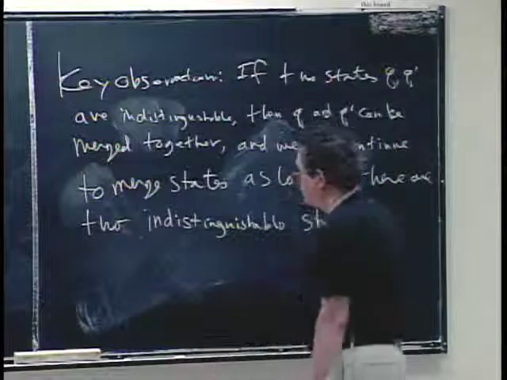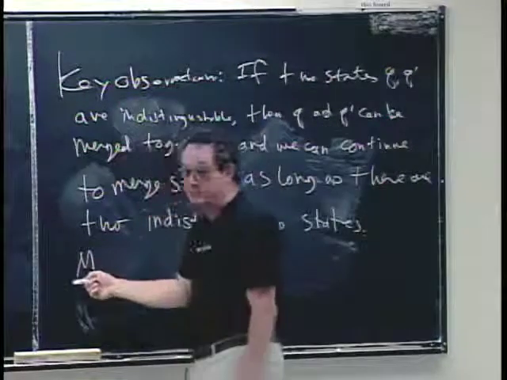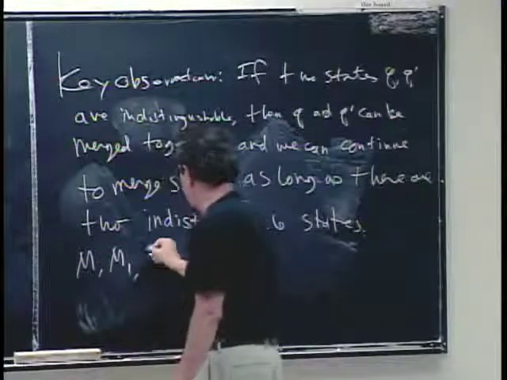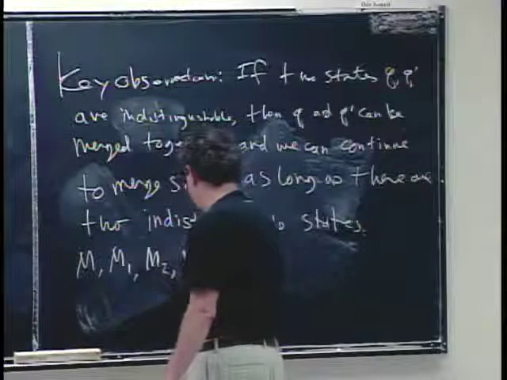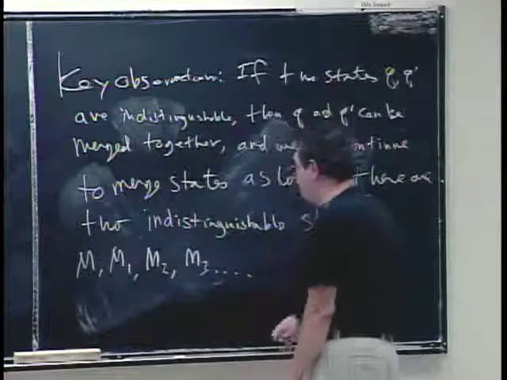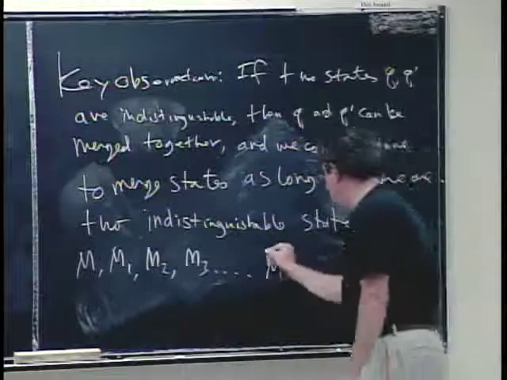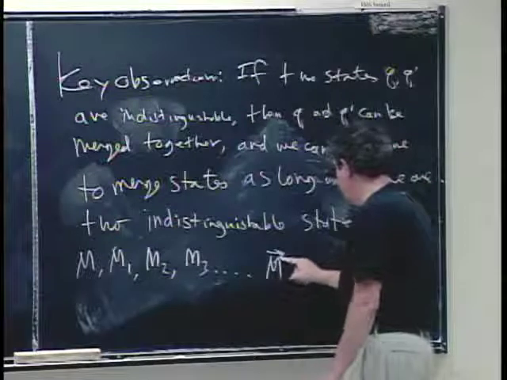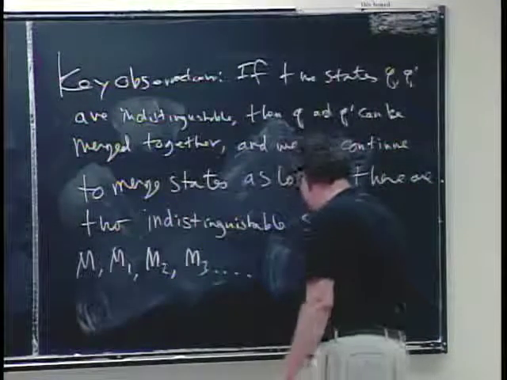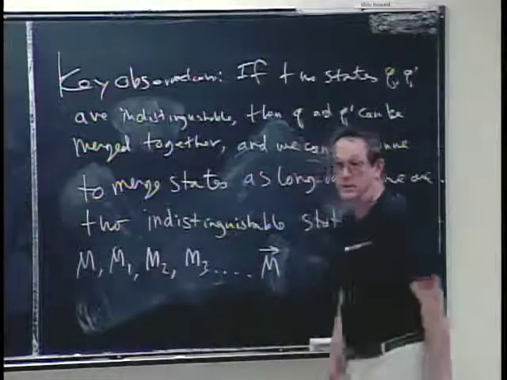So we get a succession of DFAs with smaller numbers of states. We start out with the original DFA M. We merge once, we get an M1. We merge again, we get an M2. Merge again, if possible, M3, and so on. Ultimately, we get down to some DFA, which I'll call M with an arrow over it. Why an arrow? Just because that's a typesetting notation that I know how to make nicely.